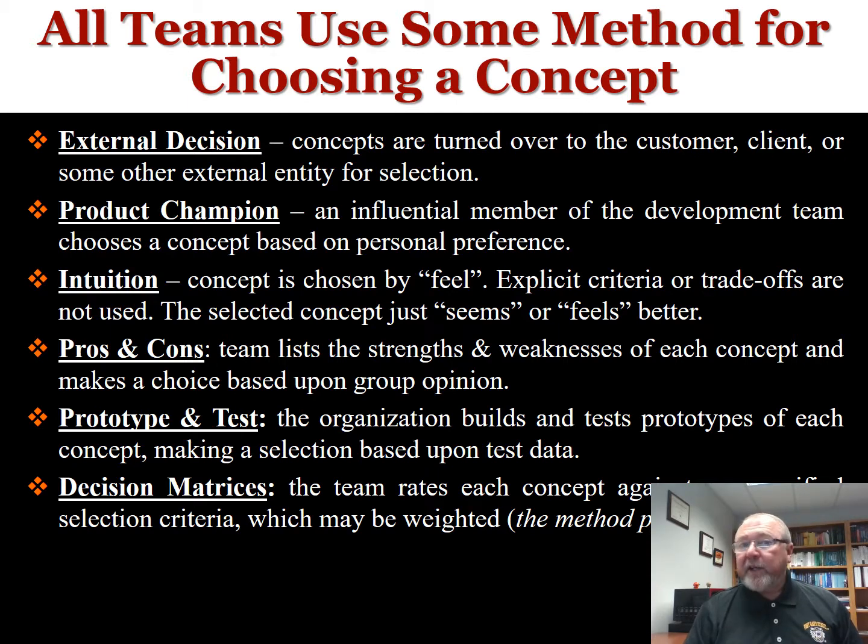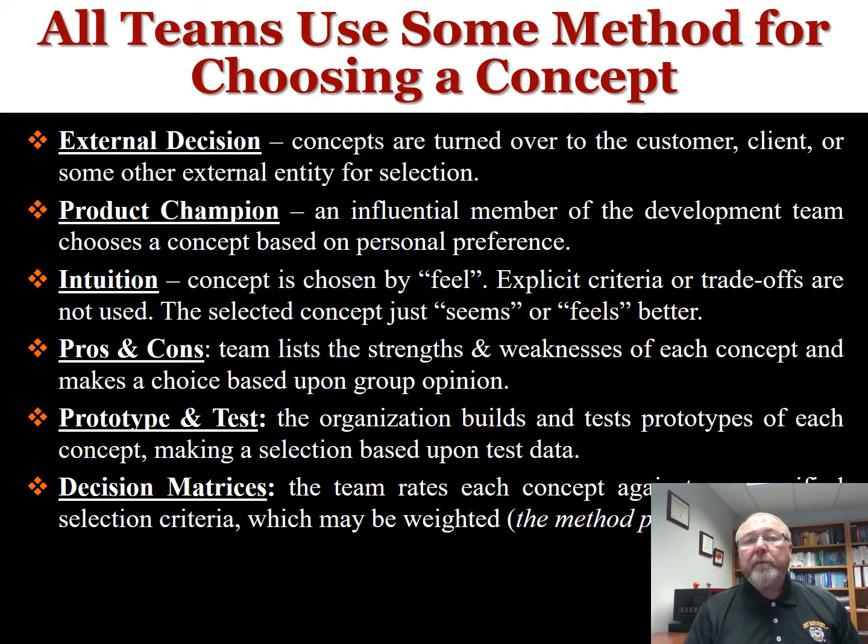I always make it turn out the way I wanted it to turn out. In other words, at least for me, that pros and cons list approach is not a very reliable one, because I ultimately default to whatever it is that I wanted in the first place, whether that was the most rational choice or not. You might prototype and test. That can be very expensive. It's a good method, but it can be very expensive.